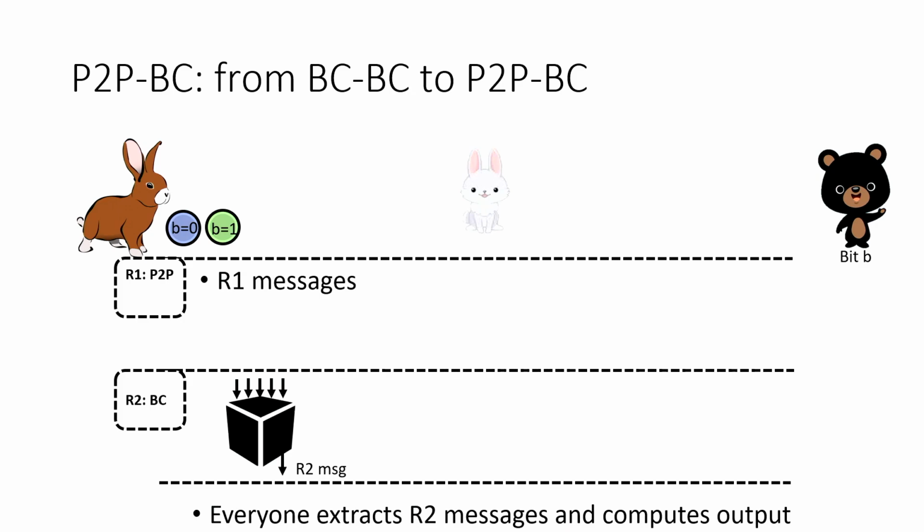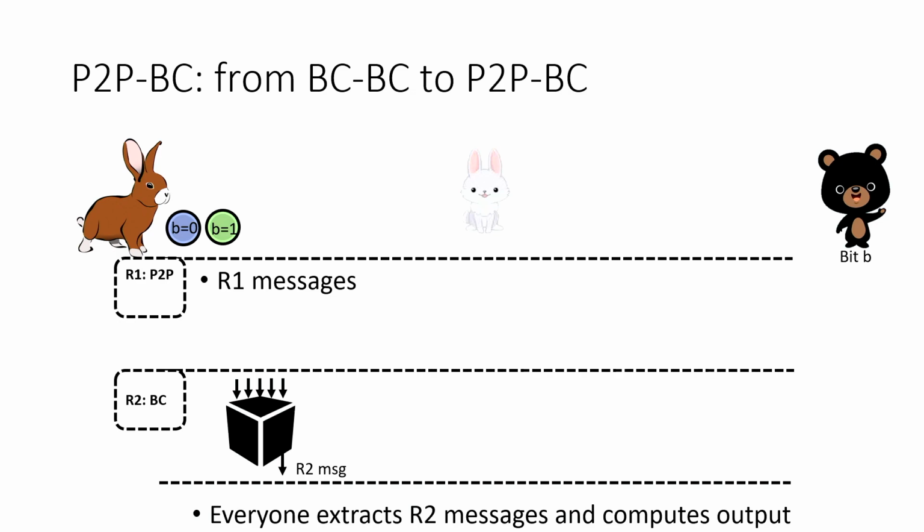Let's also say, still for simplicity, that these messages are just 1 bit. In particular, we want to evaluate this box, choosing the correct bit of the party. So if the first round message of the party is 1, we would like everybody to have the green token. And if the first round bit of the party is 0, we would like everybody, at the end of the second round, to have the blue token when evaluating this box.